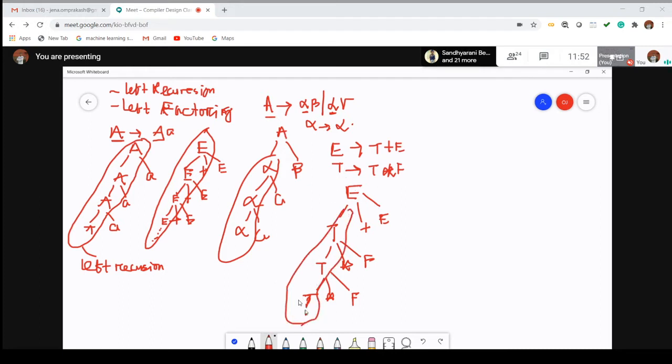Except the start node, every value is repeated, and that type of problem goes for left factoring.